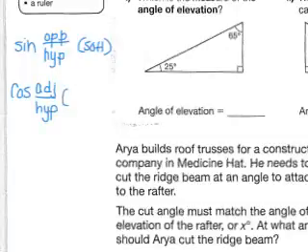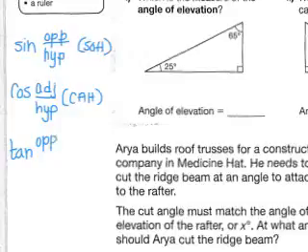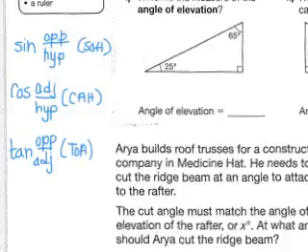We think of that as CAH. And then we have tangent, which is opposite over adjacent. And we think of that as TOA. So these are our little shortcuts to remember our trigonometric functions.